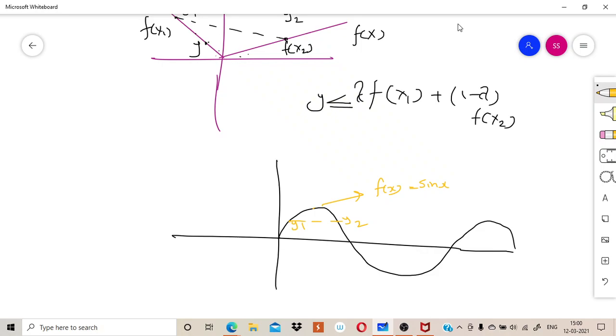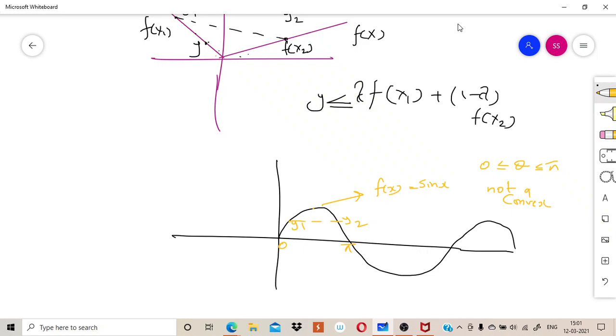So we will declare that f of x equal to sin x is not a convex function, provided that I am defining it from 0 to pi, that is 0 less than or equal to theta less than or equal to pi.